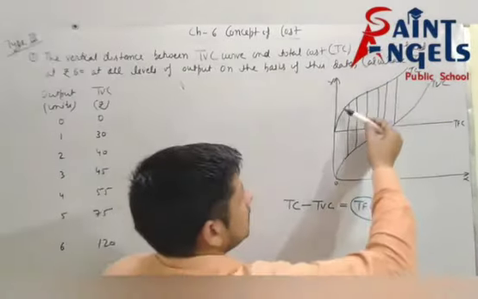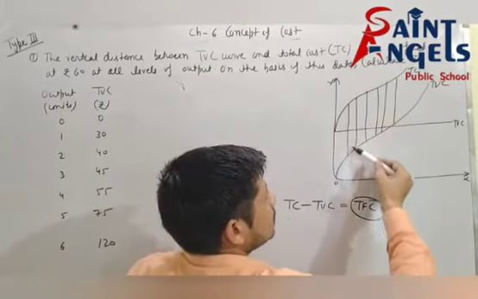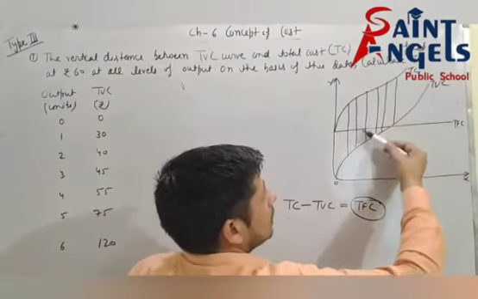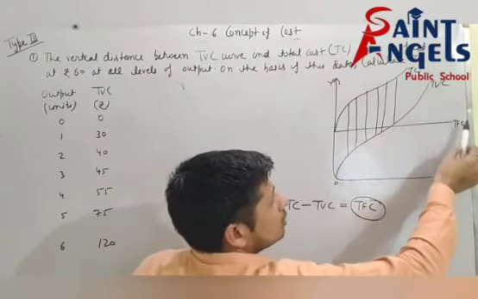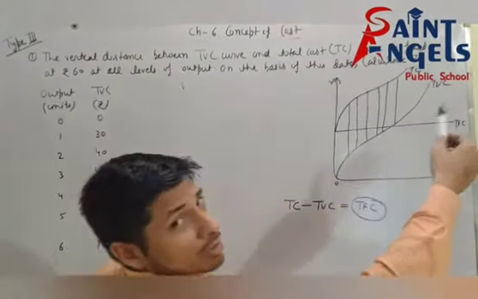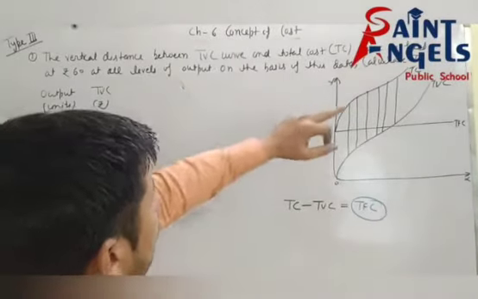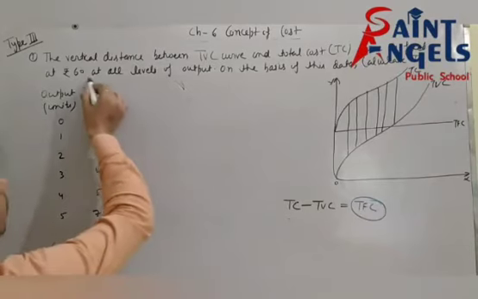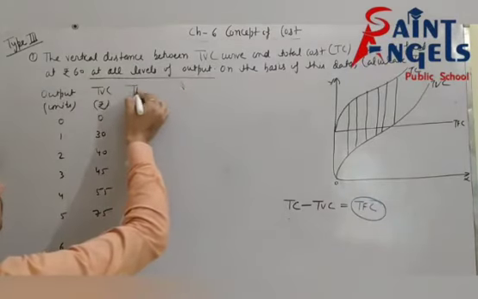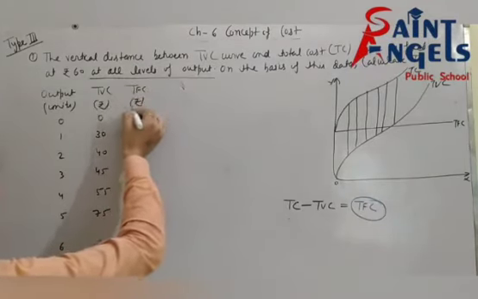The vertical distance between TC and TVC is equal to TFC. The gap is fixed at rupees 60 at all levels of output, so TFC will be 60.